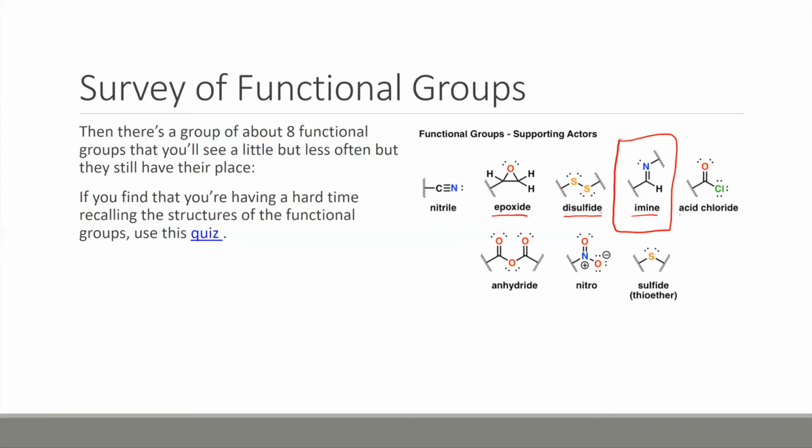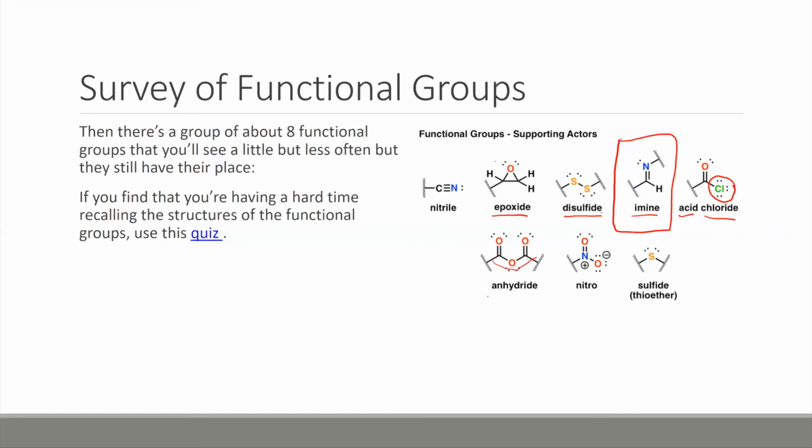An acid chloride. So this is another special type of that carbonyl, except when it has a chlorine group on the side, we call this an acid chloride. Anhydride, this is 2 carbonyls with an oxygen between them.